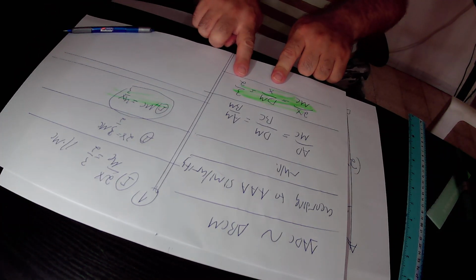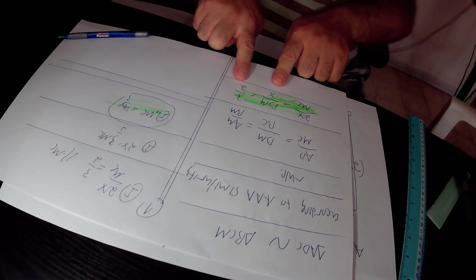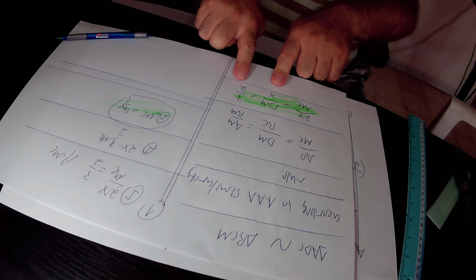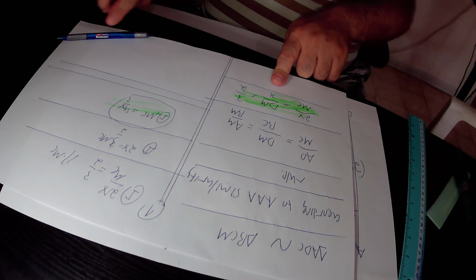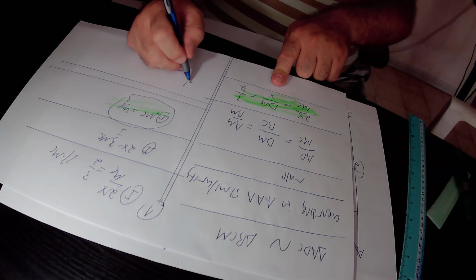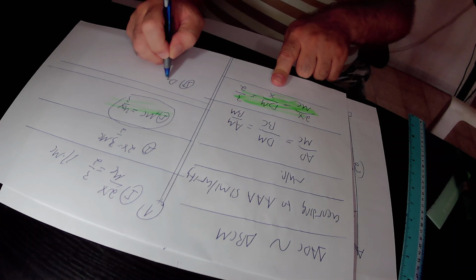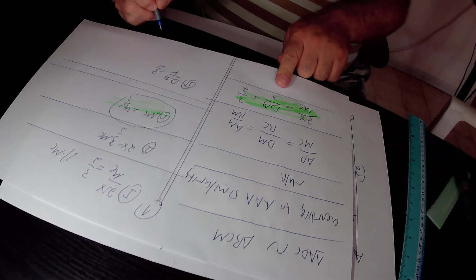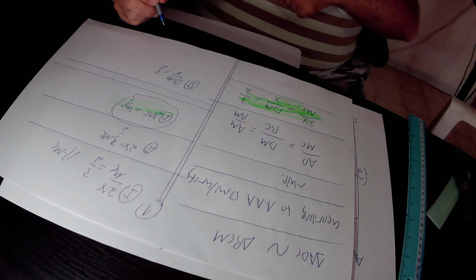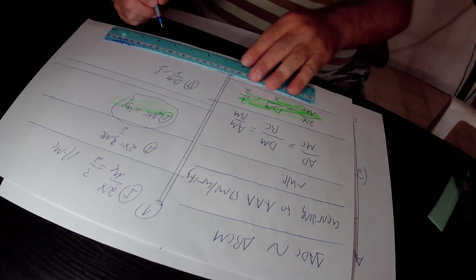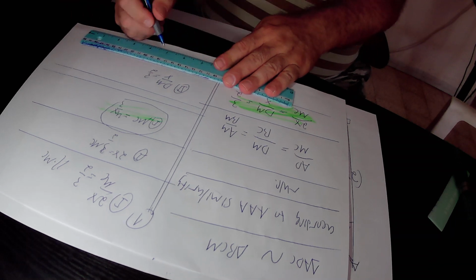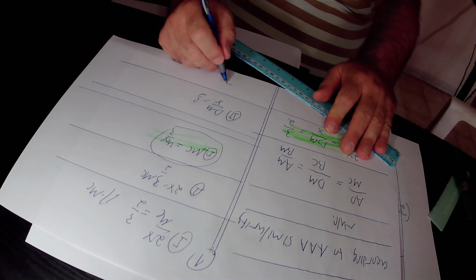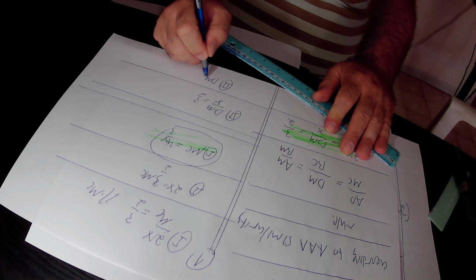Those two expressions are also equal to each other, therefore we get equation 2. According to equation 2, DM over x equals 3 halves. Here we will multiply this equation by x, and finally we get that according to equation 2, DM equals 3 halves times x.